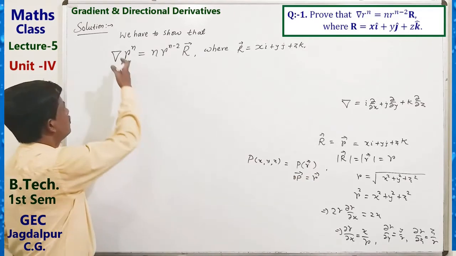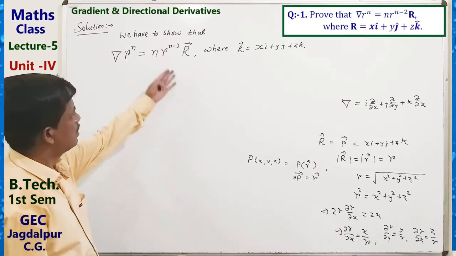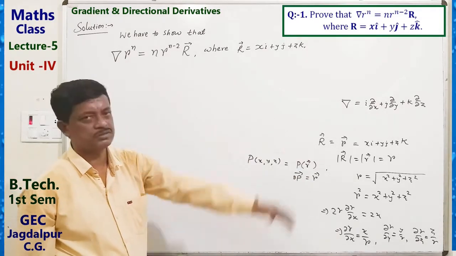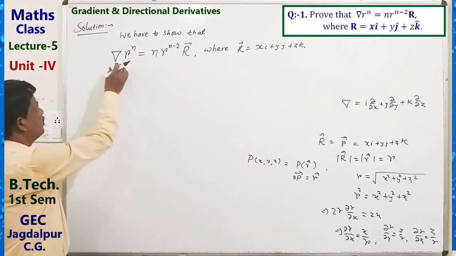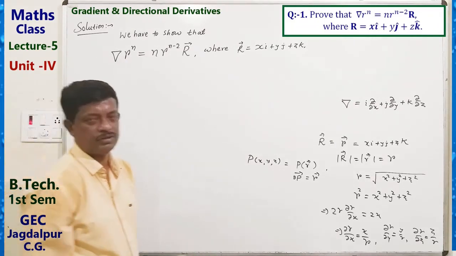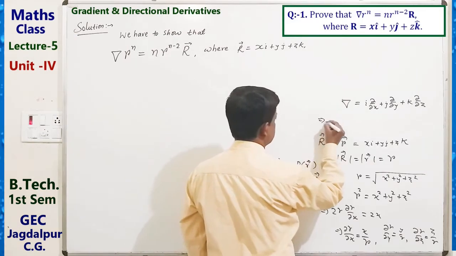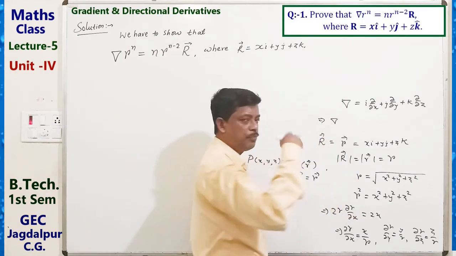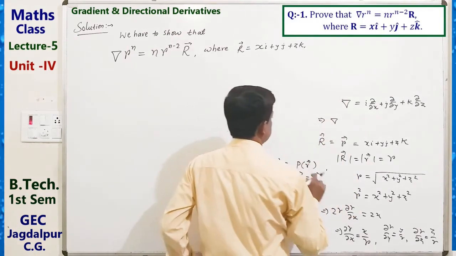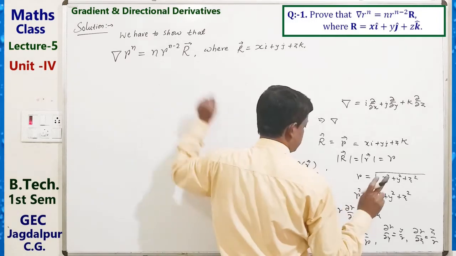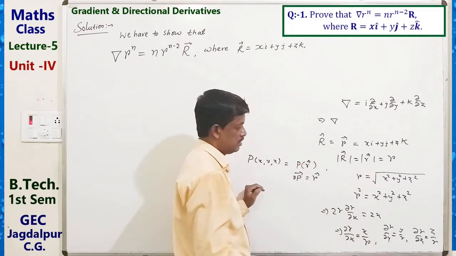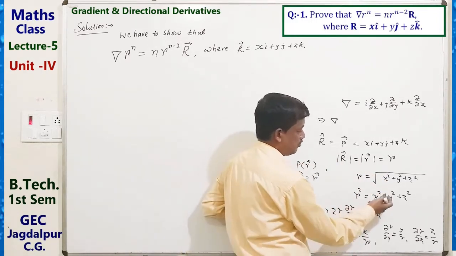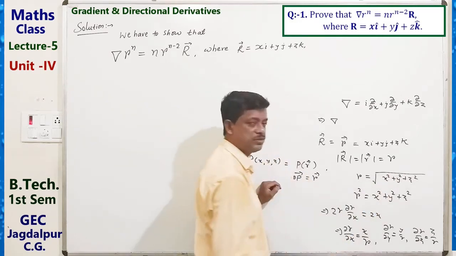So for proving this, r equals this. Del phi means del operating on a scalar valued function, a scalar point function. Here r is a function of x, y, z.